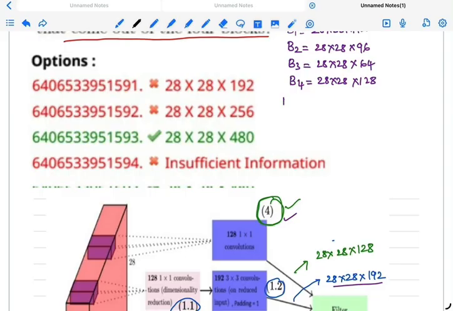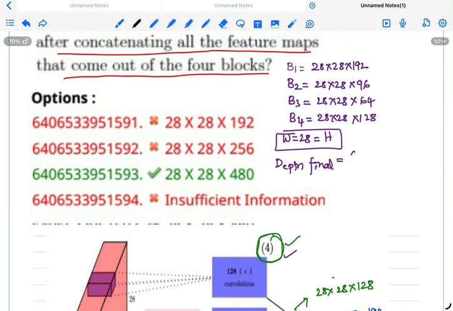So the spatial width is common, 28, and the height is also the same, 28. For the final depth, you add all the depths: 192 plus 96 plus 64 plus 128, total 480.